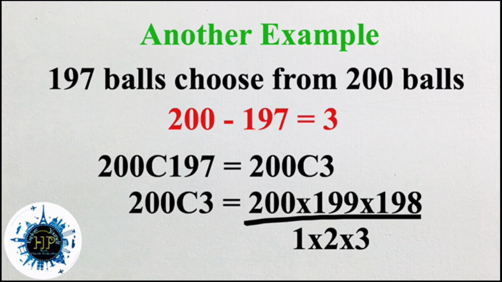So the answer for 200C3 is equal to the answer for 200C197; both values are the same. So these are the 6 tricks we should thoroughly understand before solving problems related to probability.